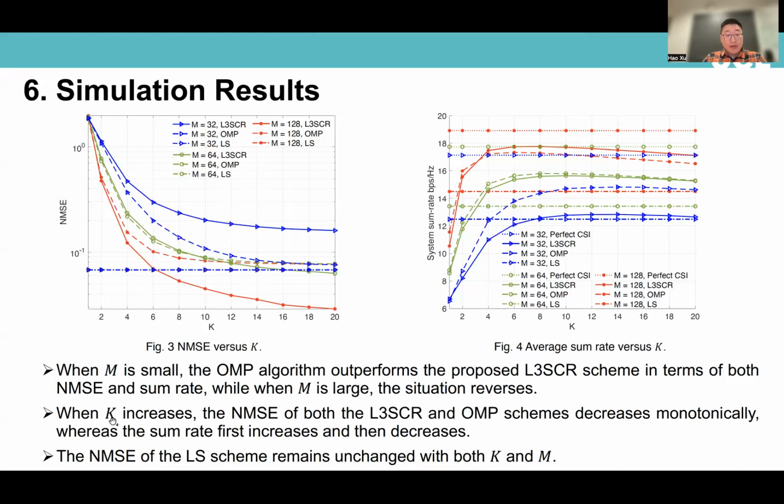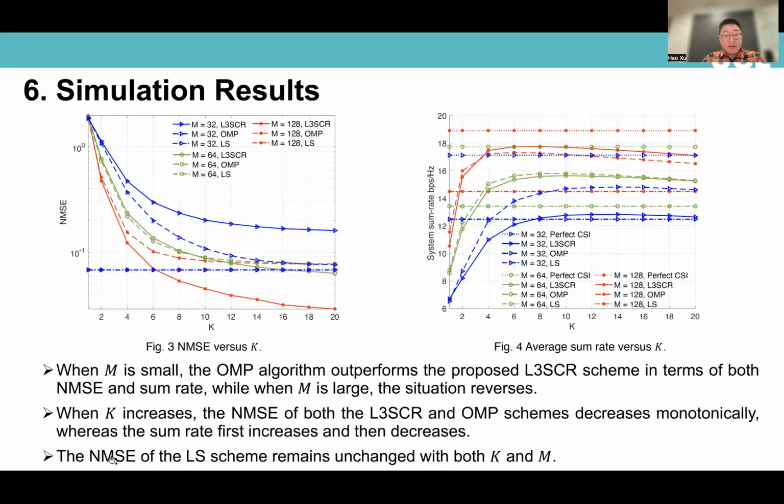Secondly, we see that when K increases, the NMSE of both the L3SCR and OMP schemes decreases monotonically, whereas the sum rate first increases and then decreases. This is because while increasing K can effectively improve the estimation accuracy, it also increases pilot overhead.